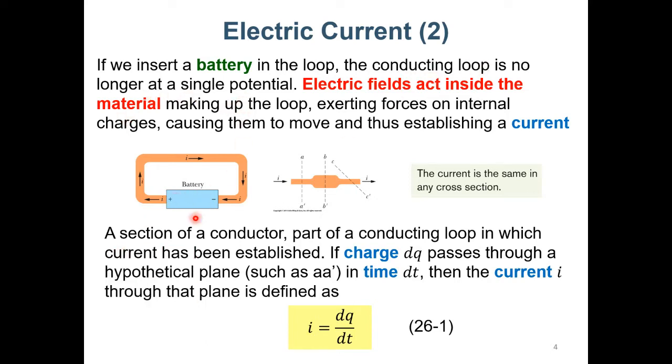at a single potential, because as you can imagine, this potential should be higher than this point. So there should be some electric field going from this point to here, and you can imagine the electrons will go the other way around.